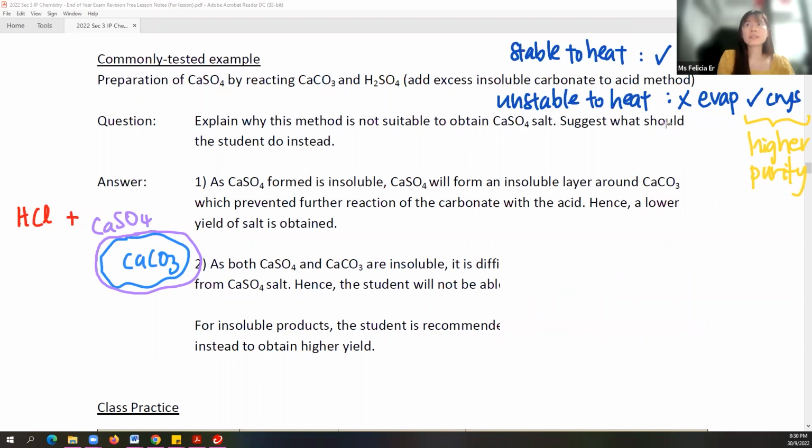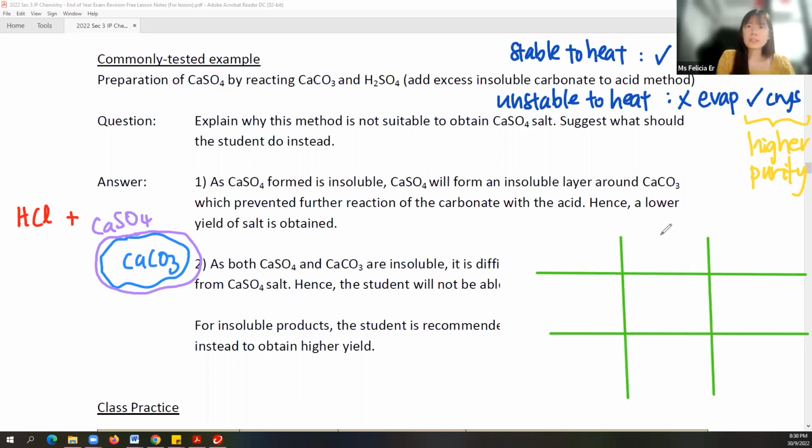Yeah, so let me write it out. So for evaporation to dryness versus crystallization, advantage versus disadvantage. For evaporation to dryness, the advantage is it is fast. But crystallization is slow.